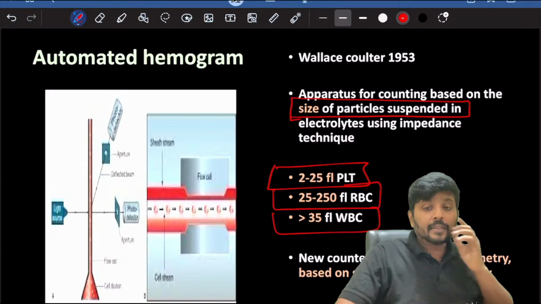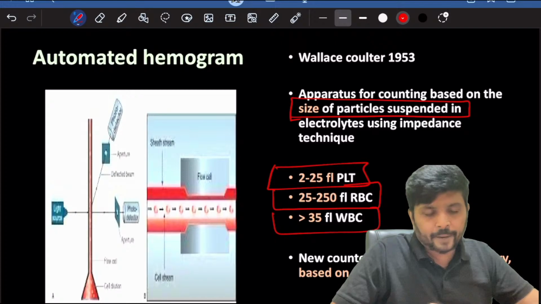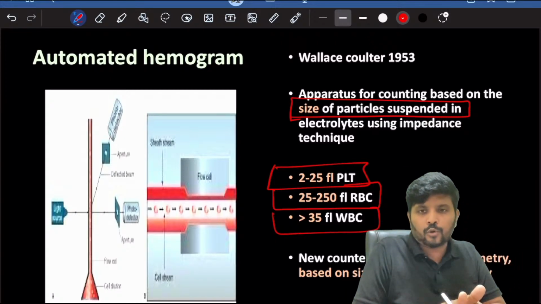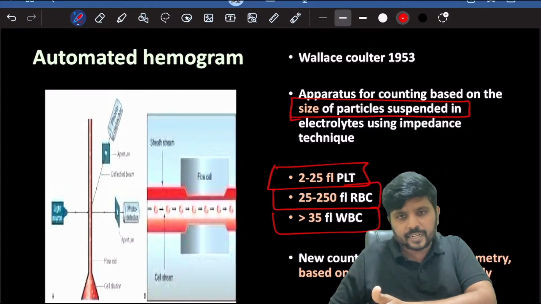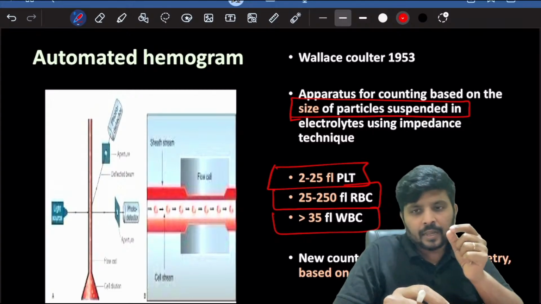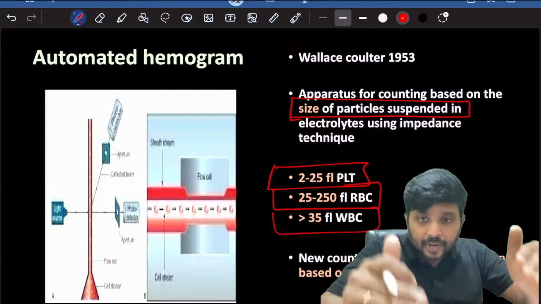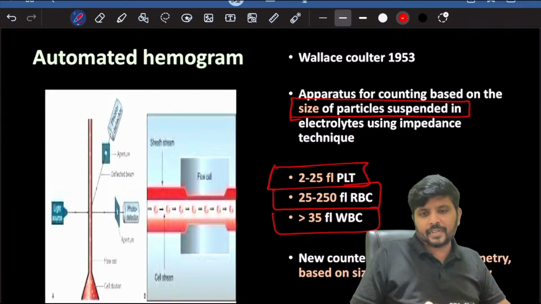Okay, right. This is with respect to older Coulter counters, because we have first generation, second generation, and third generation Coulter counters. Your first generation Coulter counter will find out your RBC, WBC, platelets based only on the size of the particles.